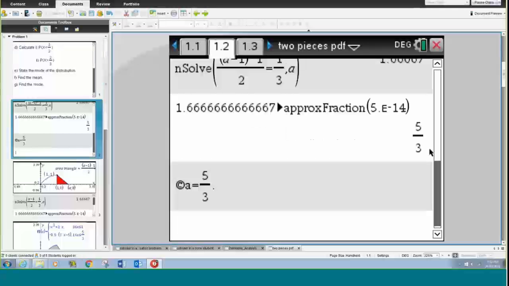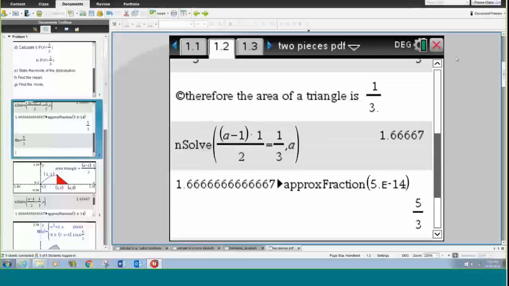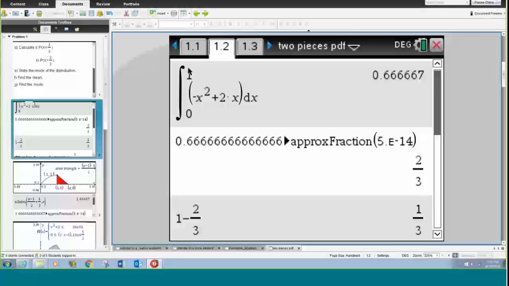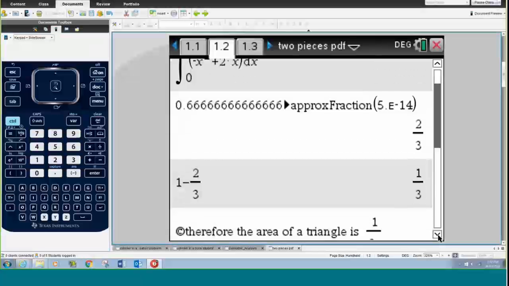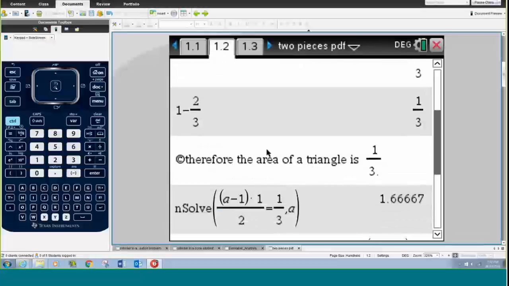So if we start by looking at the integral from 0 to 1, we know it's 0.63. What I did here, I changed that to approximate to fraction, which is in number, which is 2/3, so we need to go 1 minus 2/3 is 1/3, so we know that the area of the triangle is 1/3.